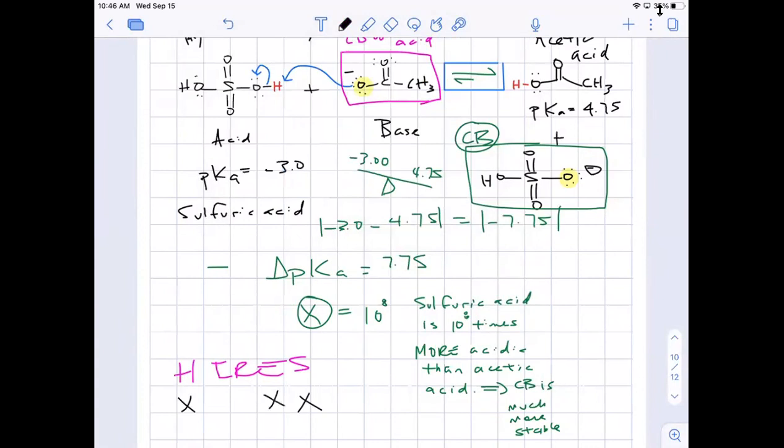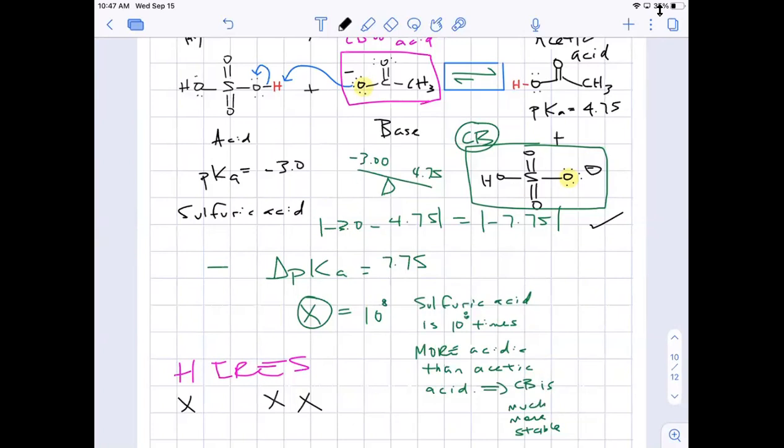Are y'all following that logic? So why are we looking at oxygen? That's what a negative charge is. That's what we use to compare the pKa. We said it's loosely based on the stability of the conjugate base. So if we're comparing the two acids, sulfuric acid, we see the conjugate base for that right here. And then acetic acid, we started with the acetate anion as a base, but that's still the conjugate base of acetic acid.